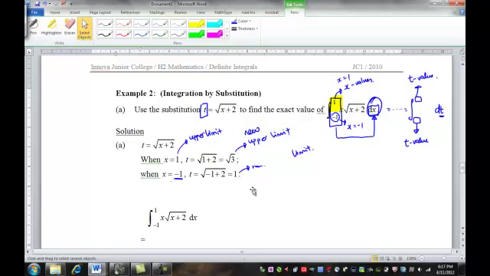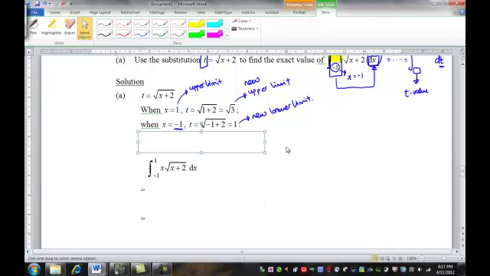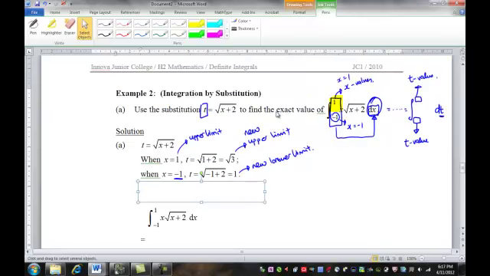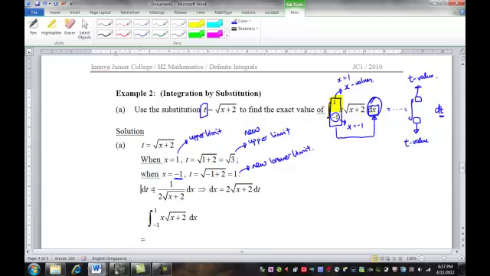We can do our integration as per normal. To do a substitution integration problem, as what you have done in the previous chapter, step 1, you will differentiate the substitution. Now differentiating the substitution gives me this thing, dt equals to this expression dx. So you make dx the subject, you get this expression.